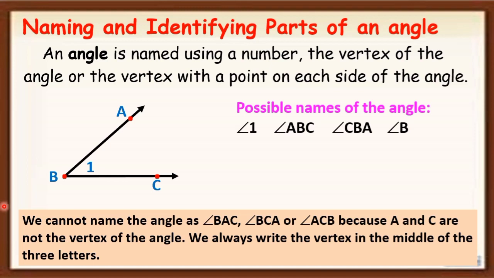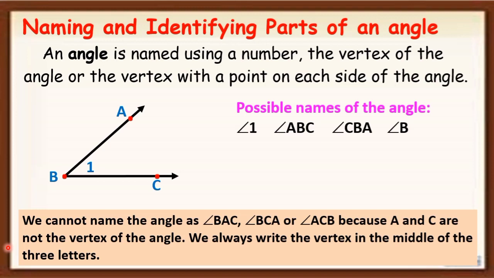So kapag nag-name ka ng isang angle, dapat side, vertex, side. Okay? So ganun dapat ang pag-name ng angle, it is side, vertex, side. Hindi pwedeng mauuna sa vertex kapag nag-name ka ng angles.